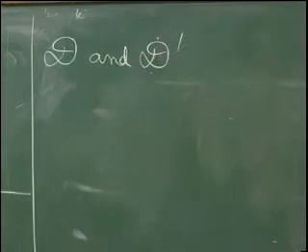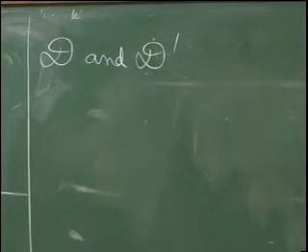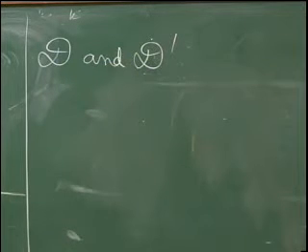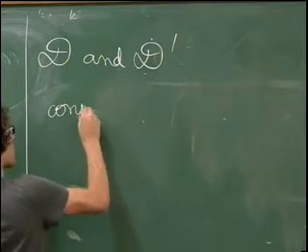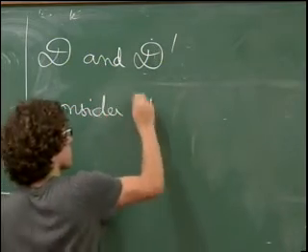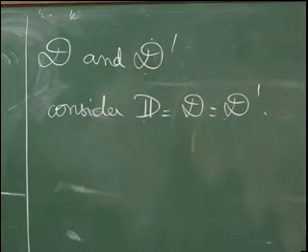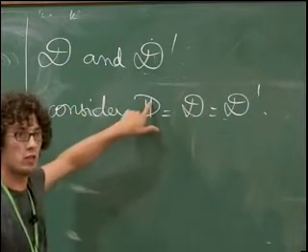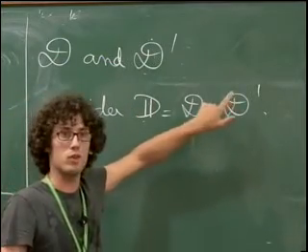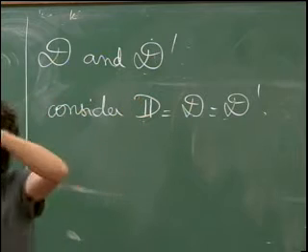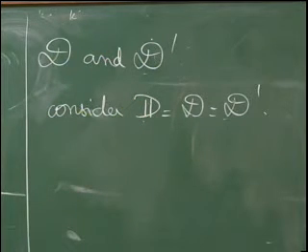So if I want to count the number of functions from D to D prime, it's sufficient to look at functions from D to D, where D is a disk. Why? Because you know that there is at least one function from D to the disk and one function from D prime to the disk, you can map everything to the disk and only work in the disk.